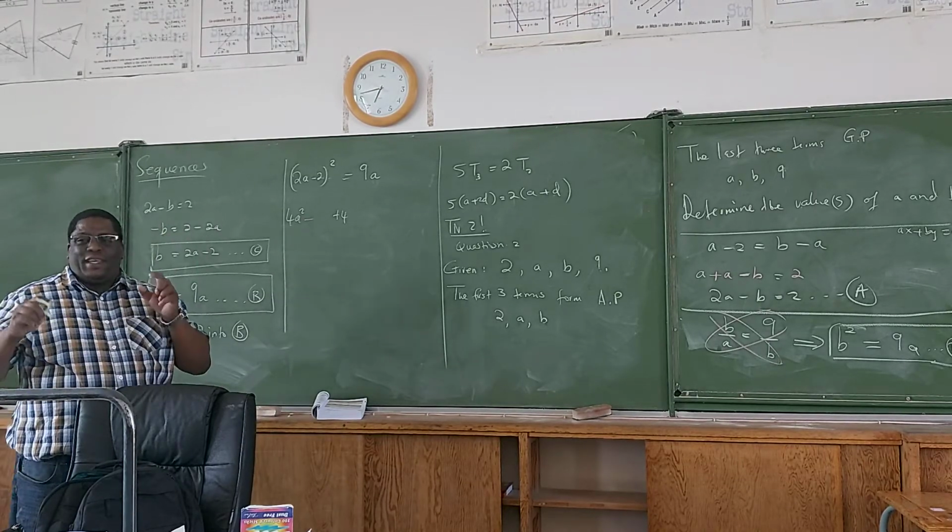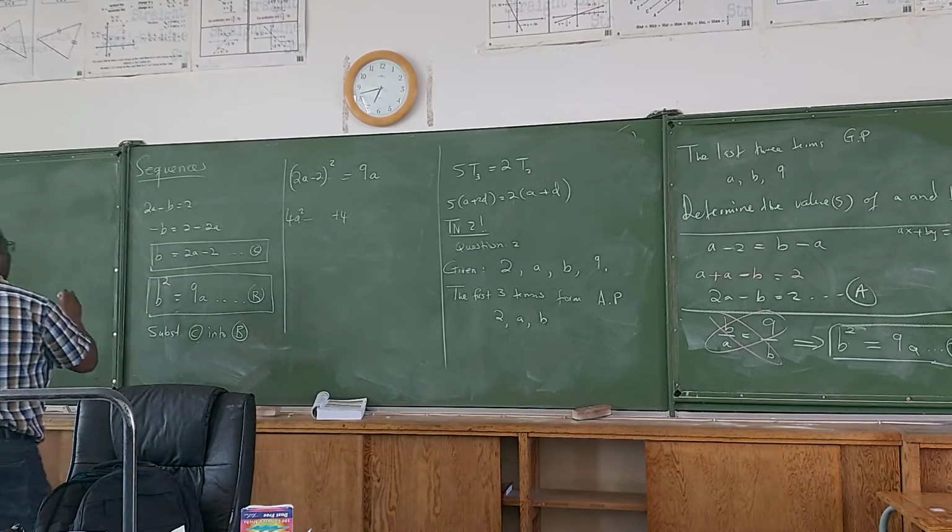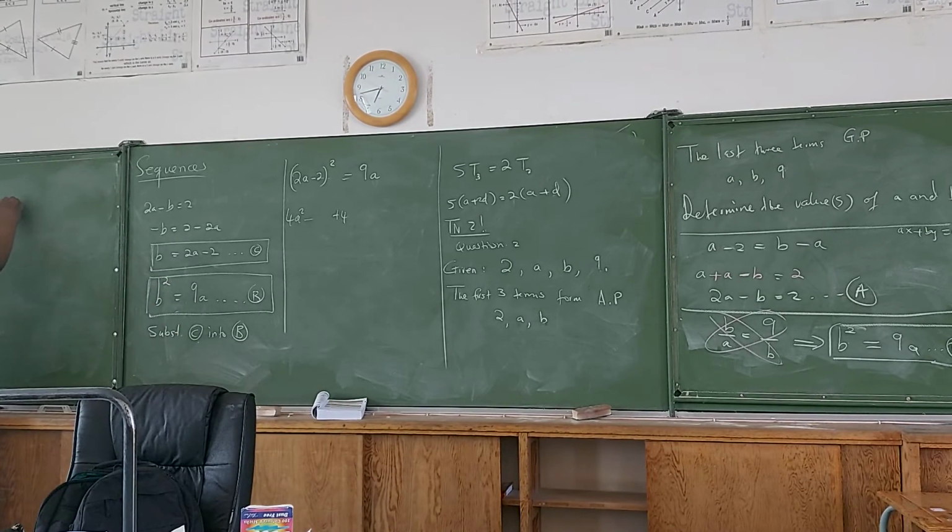Okay. What I'm saying is this. I know there's a problem. This times that is where the 4a squared comes from. Good. Then you have 2a times that gives you 4a. Then you have another same business which gives you 4a.